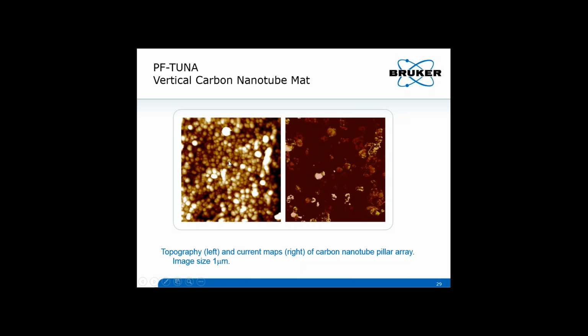But we cannot see every single carbon nanotube has a current signal. This is perhaps due to the sample preparation, because not every carbon nanotube is in contact with the conductive pad. Or there may be some capping of the tube that is not conductive, affecting the measured conductivity.